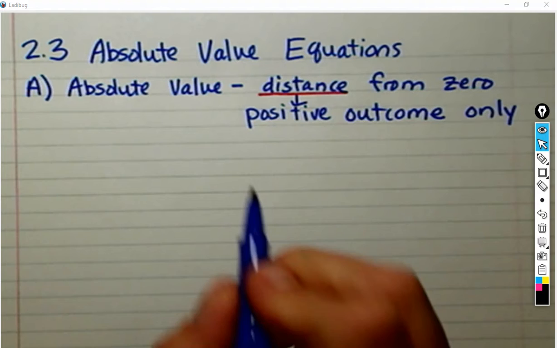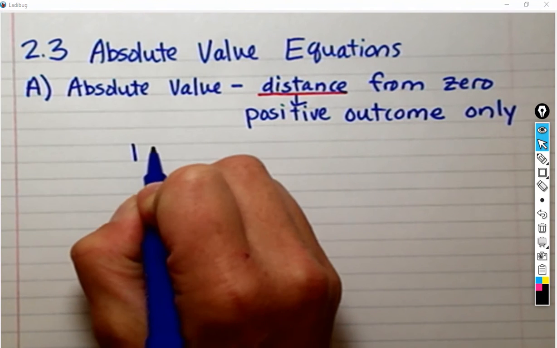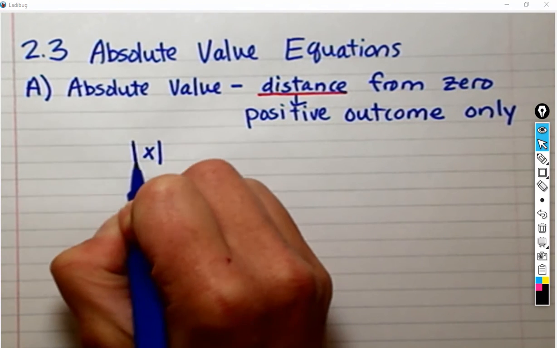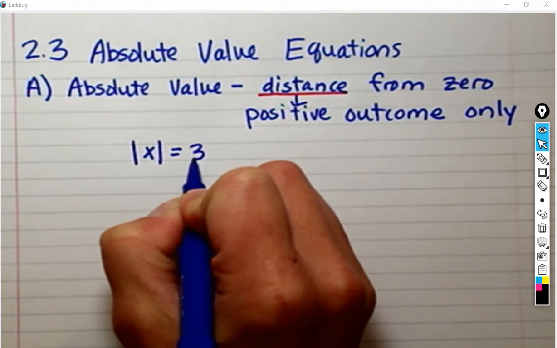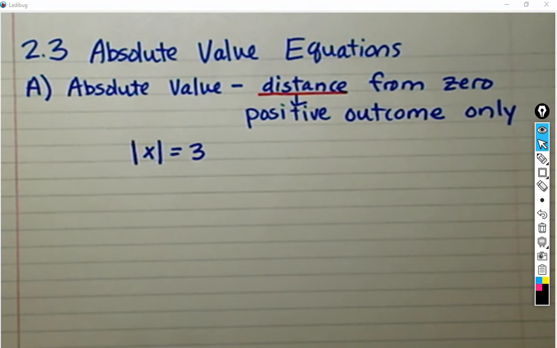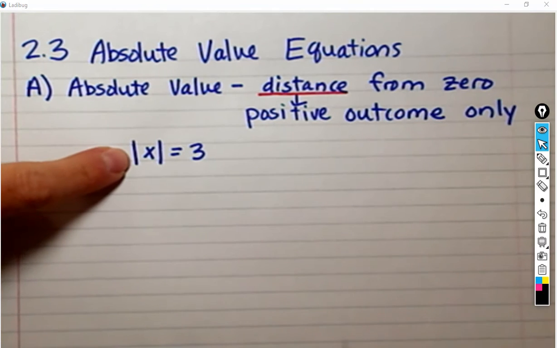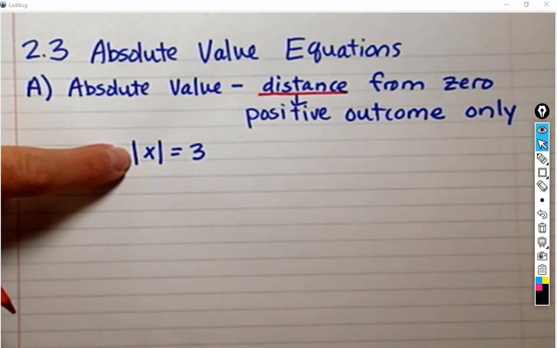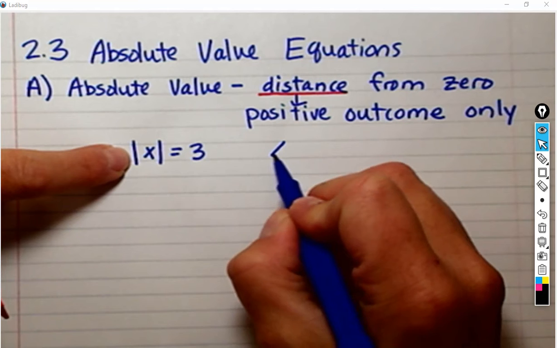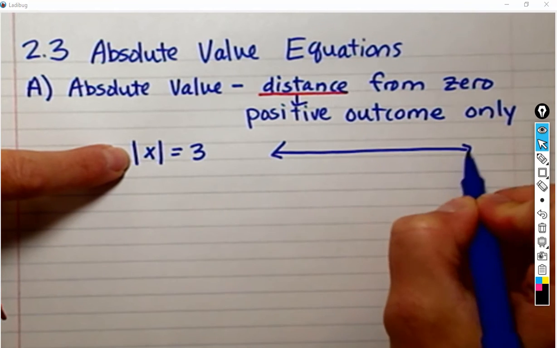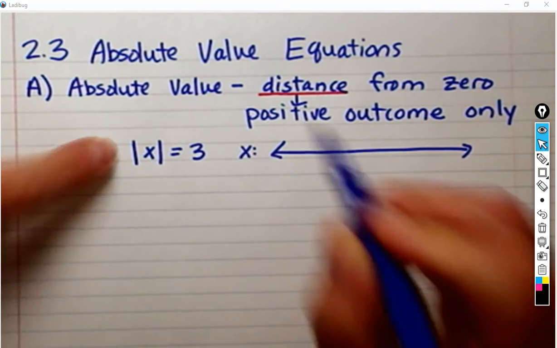So we're going to do a little example. We're just going to do absolute value of x equals 3. And I only see the x variable, so I'm only going to draw the x number line.